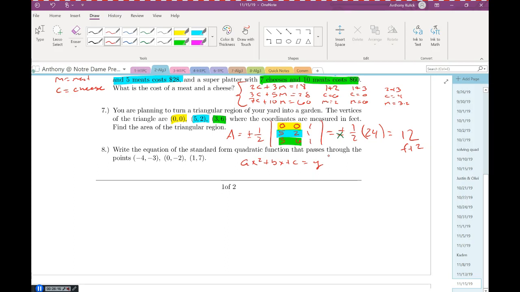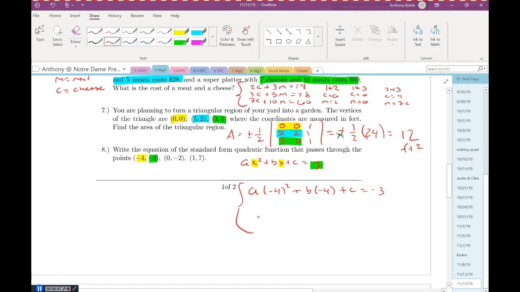I'm going to need 3 equations, right? To get one of the equations, I'm going to take a value for x, plug it in for the x's, and then take my value for y and plug it into the y. So my first equation could be a times -4 squared plus b times -4 plus c is equal to -3.